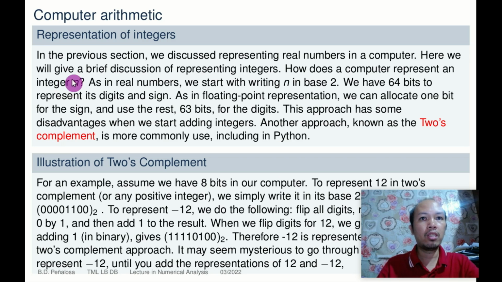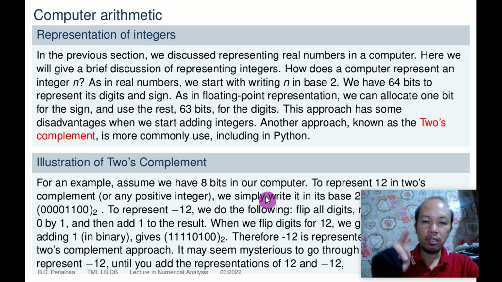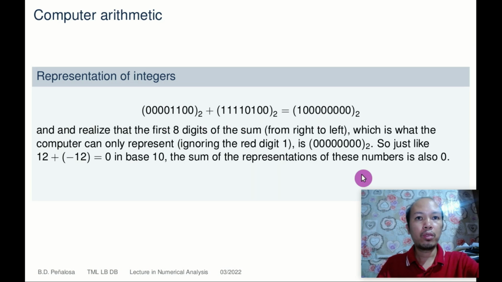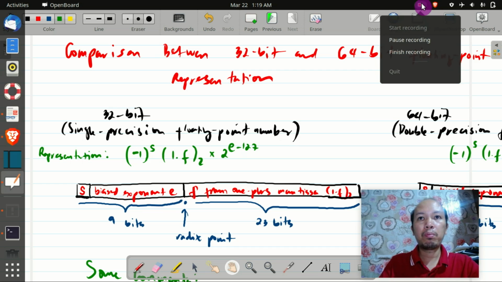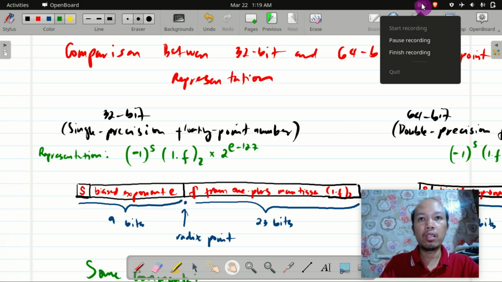Just relax and please study what I have discussed in this video. I am going to finish the recording, and in the next video I will discuss how to represent the integers in the computer.